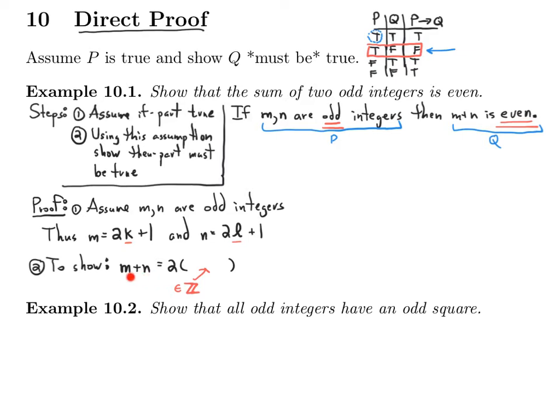Okay, so we know what we want to start with. We want to show that m plus n equals 2 times some integer. So let's start with m plus n. And we know where we want to end. We want to end as 2 times some integer. So we know where we're starting, m plus n. We know where we're ending, 2 times some integer.